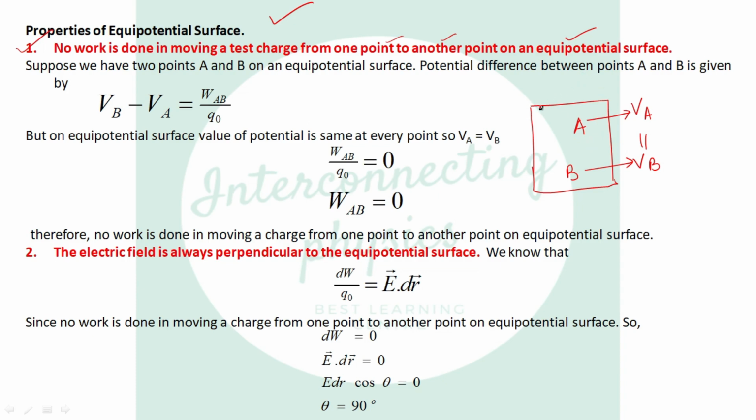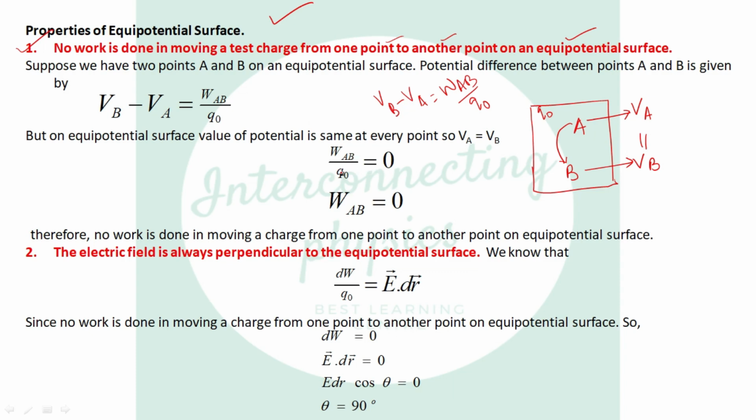Now suppose we have a test charge and we have to move this test charge from point A to B. Let's see the work done. Work done is the change in potential, that is the potential difference, equal to the work done in moving a test charge from point A to B. Now we are on the equipotential surface, so VA equal to VB means this side will be 0.